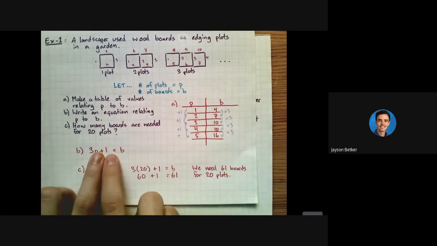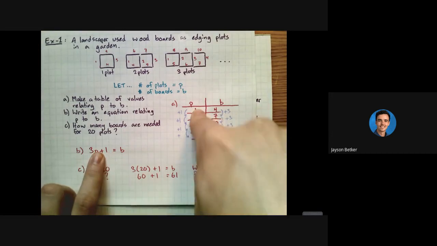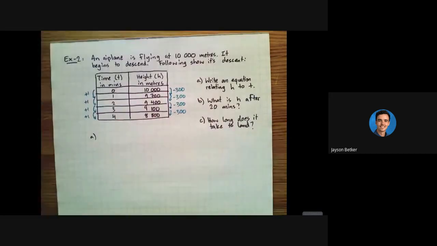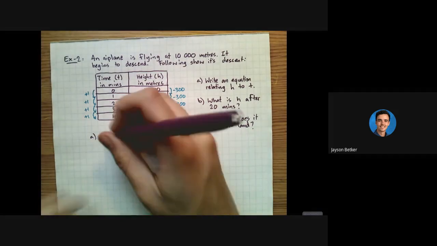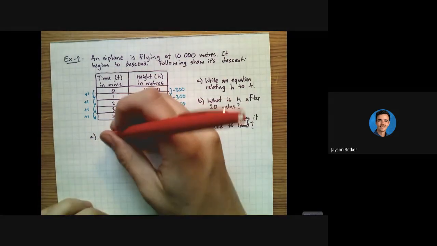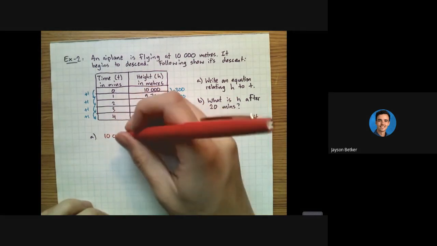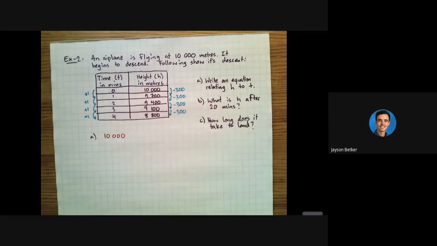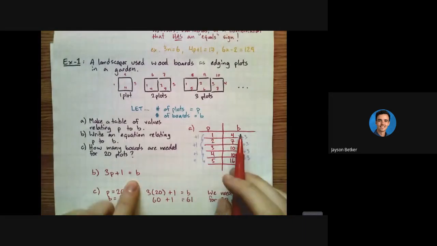So that's always the kind of the goal. So here's the relationship. You start with your base number that your plots could be. So my base number that my height could be is 10,000. Let's do this in a different color. Because, yeah, so 10,000. And then what I said was, I'm relating B to P, right?